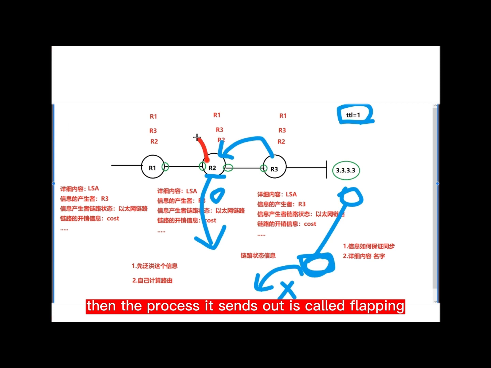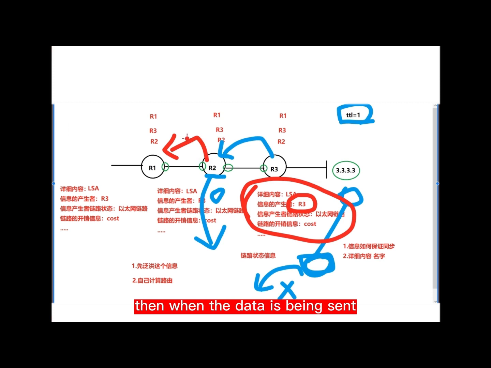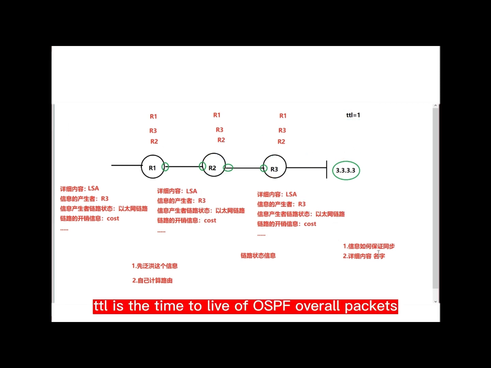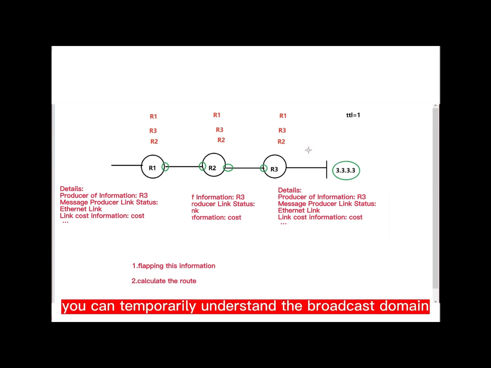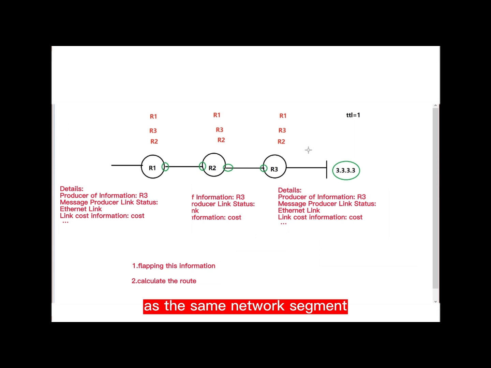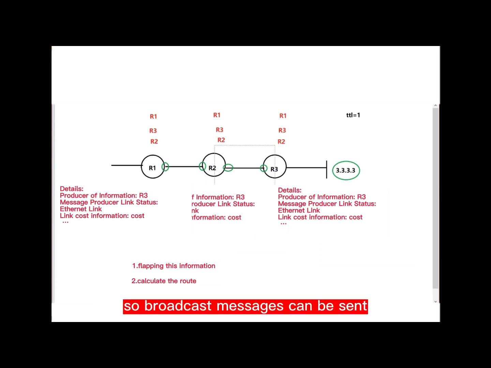Then the process it sends out is called flooding. The generator of the data is R3. What is sent by other devices is exactly the same message. When the data is being sent, it's not called forwarding, it's called flooding. TTL is the time to live of OSPF over all packets, so it can only be delivered under one broadcast domain. At the current stage, you can temporarily understand the broadcast domain as the same network segment. Now for us, each router interface is a broadcast domain, so broadcast messages can be sent this far.